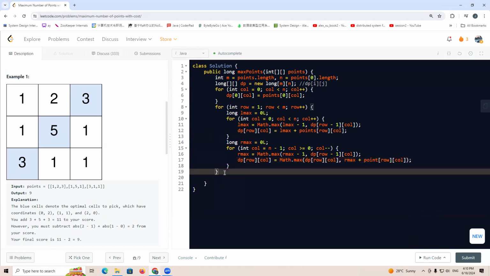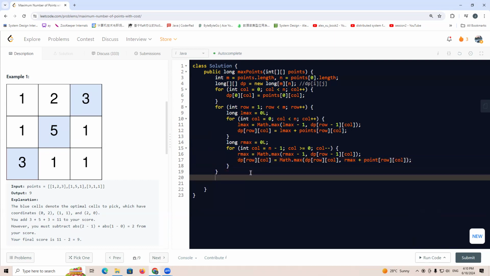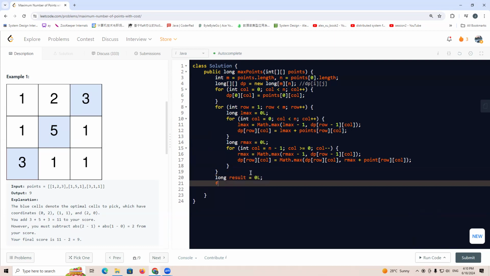And also for the last row, we need to find the max. So long result equals 0L, for int column equals 0, column smaller than n, column plus plus.